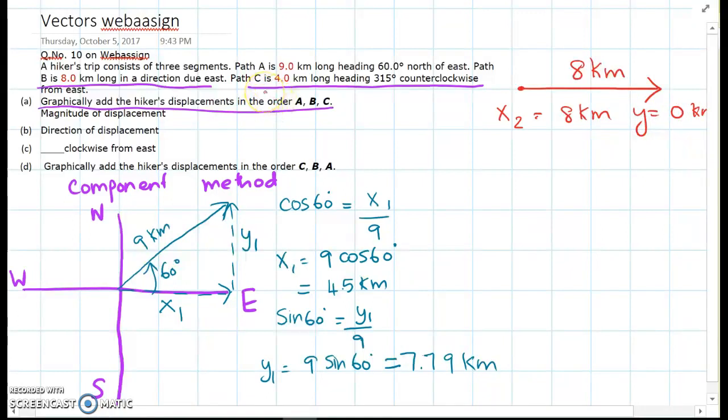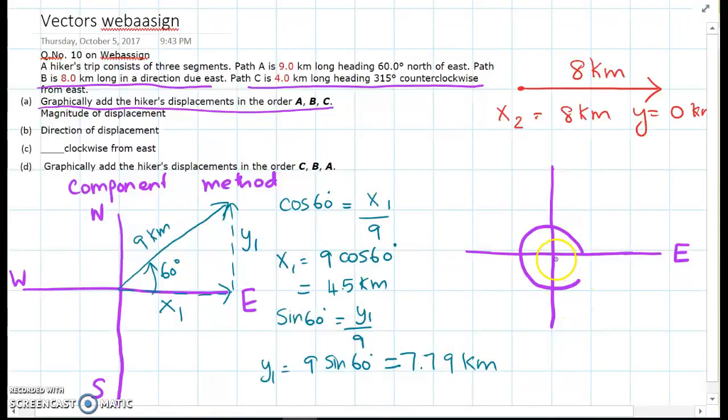And let's talk about C. C is 4 kilometers long, heading 315 degrees counterclockwise from east. So what does that mean? Let me redraw these directions. If this is east, starting from the east, if you go counterclockwise for 315 degrees, this is 90, 180, 270, and then 315 will be somewhere here.